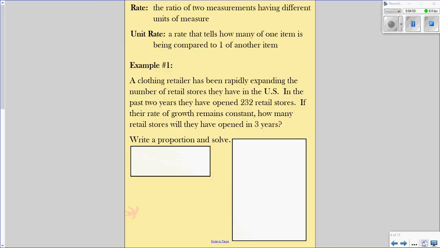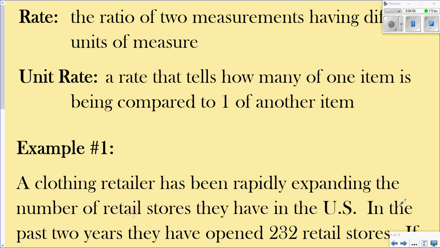So a rate is a ratio of two measurements having different units of measure. A unit rate is a rate that tells you how many of one item is being compared to one of another item.